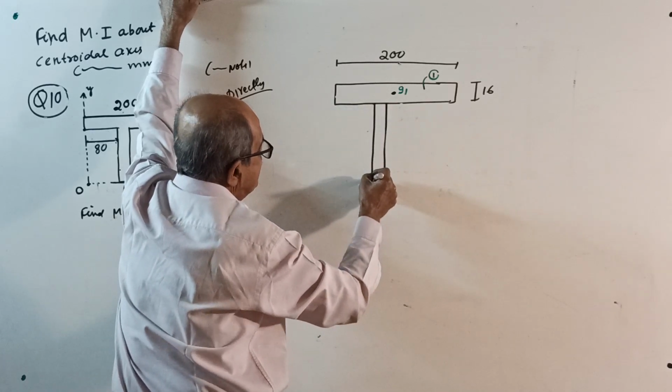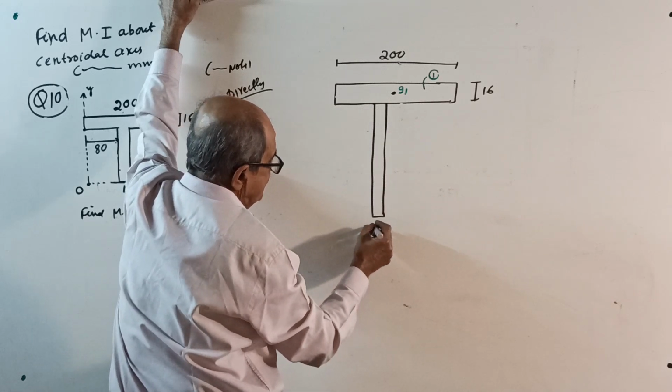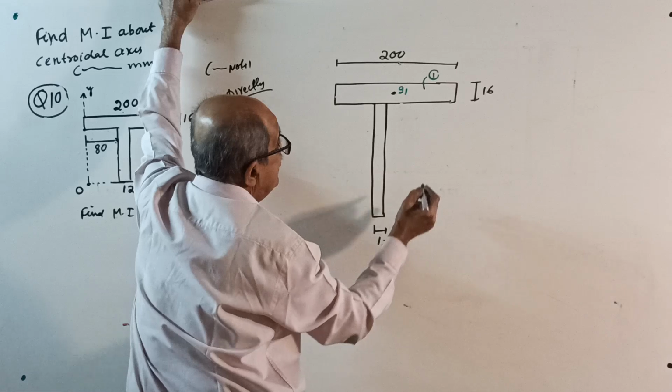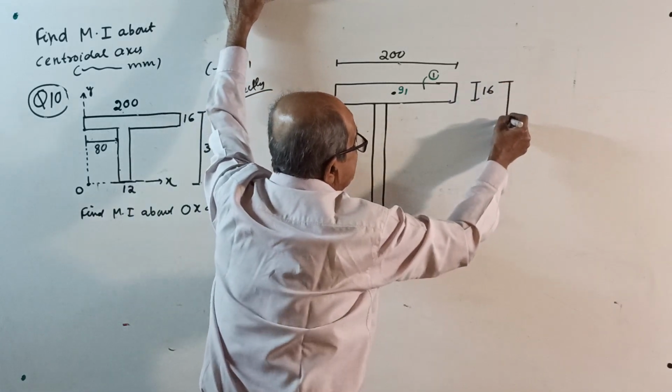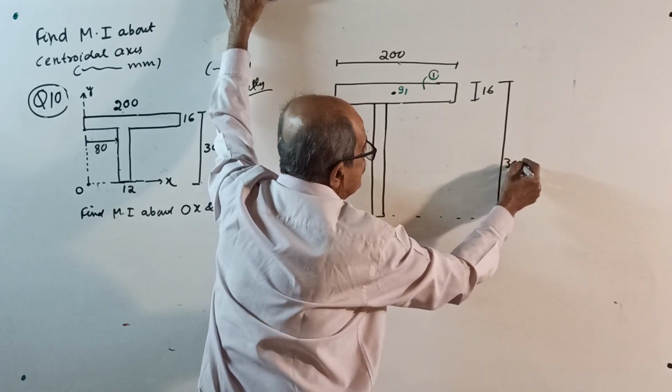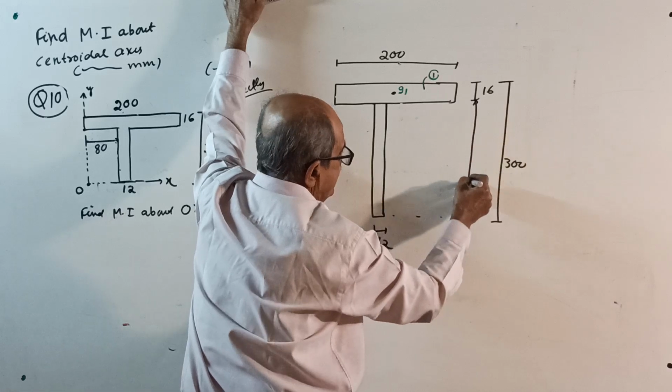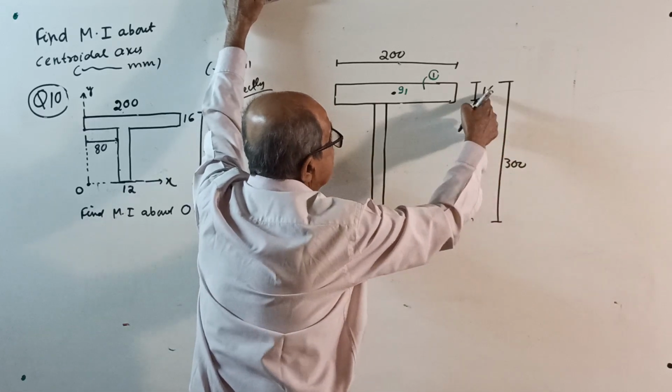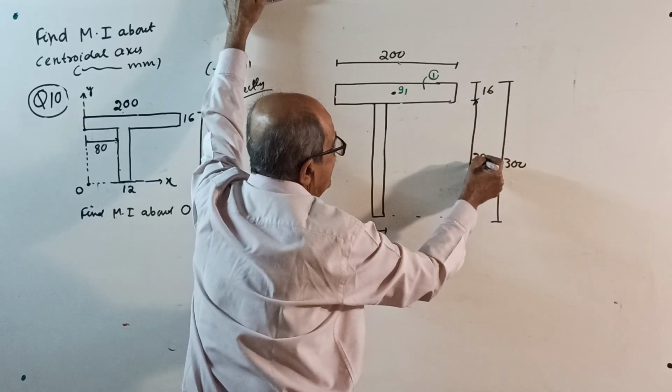This thickness is 12 and total depth is 300. Total 300 is given, so this distance you have to calculate. From 300 subtract 16, 284.